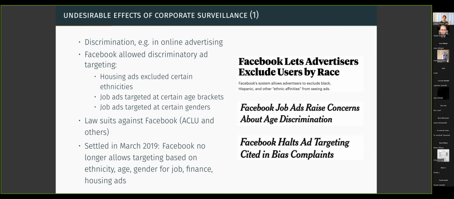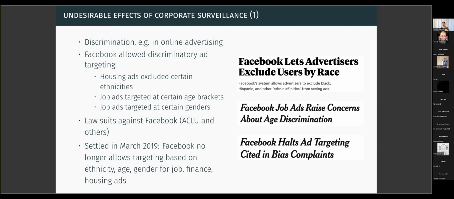So these specific forms of targeting of advertisements happen to be illegal in the US. So that's what enabled the American Civil Liberties Union and a few others to file lawsuits against Facebook. And that dragged on for several years, actually, and was finally settled in 2019.